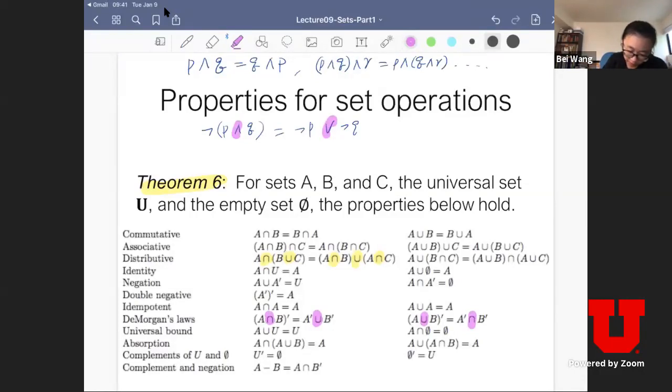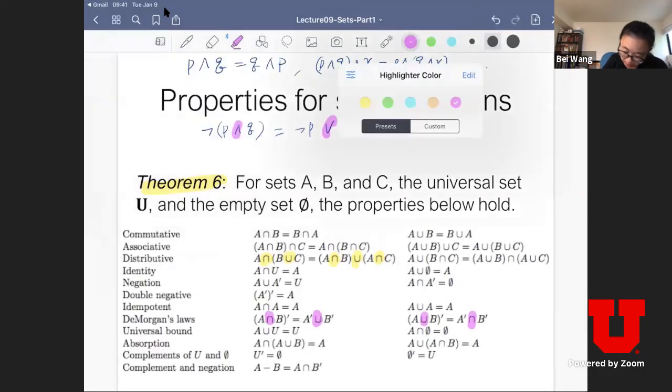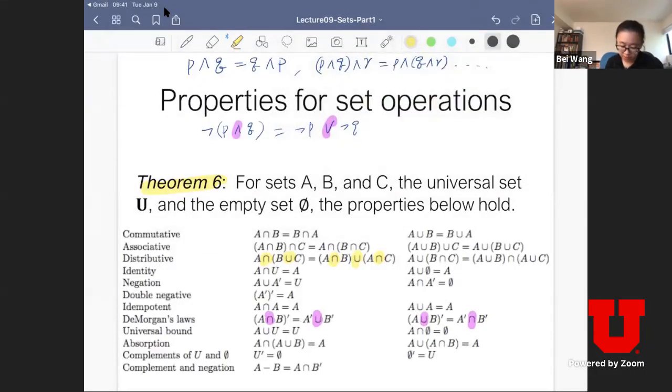And similarly, you have a few extra properties, which is taking a complement or difference is similar to negation. So everything in A, not in B, is equal to A intersect B complement. Again, to understand this, it's good to have a mental picture.